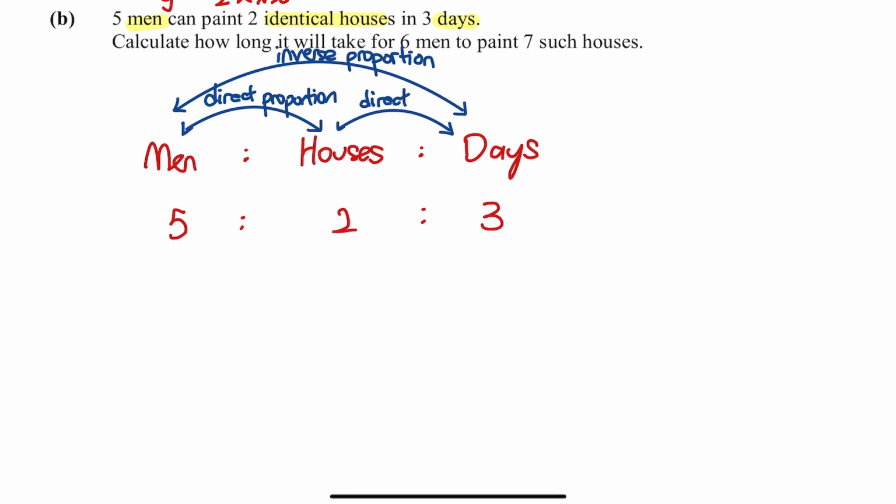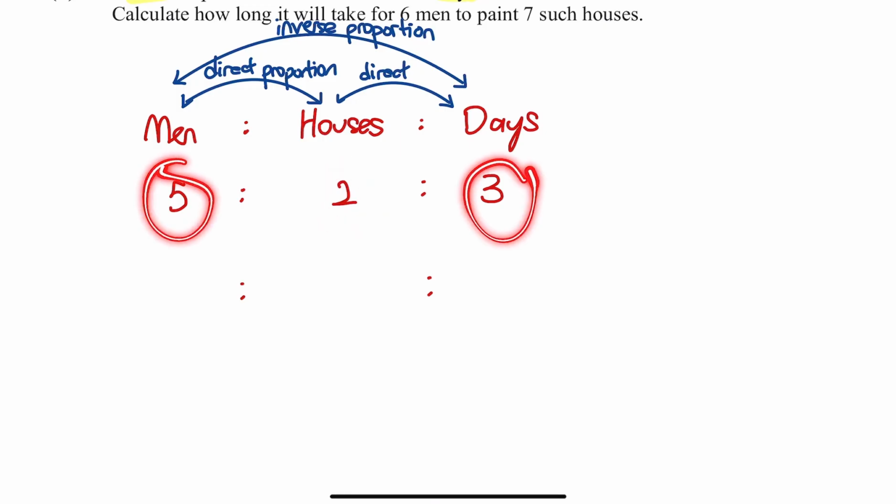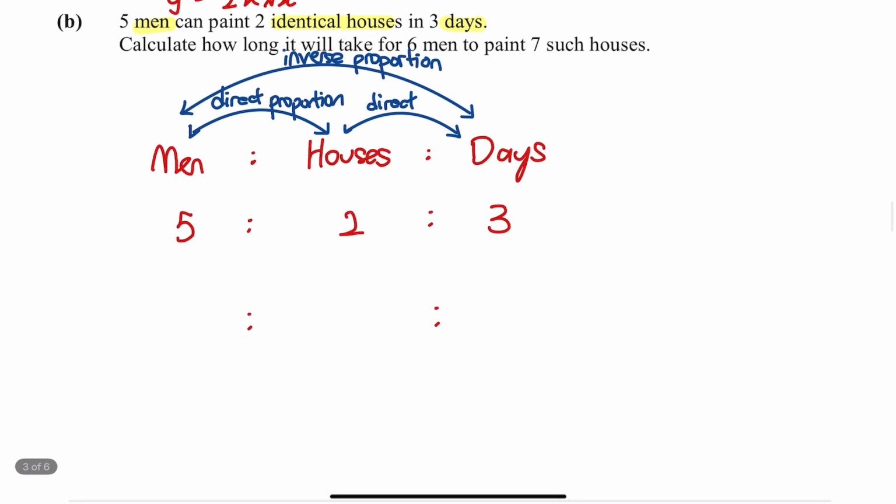So let's now turn this. I want to turn from 5 men to become, let's say, 6 men. So over here, what I can do is that I can now simplify this. Let's work it out step by step. Whenever we do the ratio question, we always keep one number constant, then we change the other two. So let's say if I want to find 6 men, first I should reduce it to 1 man first.